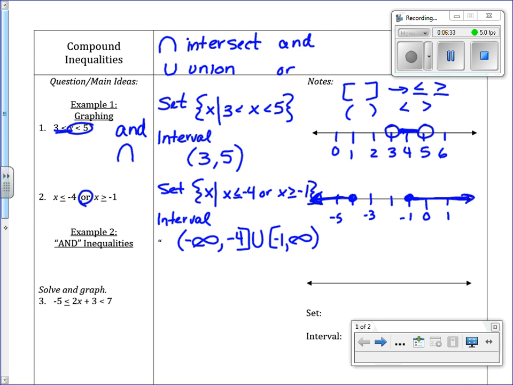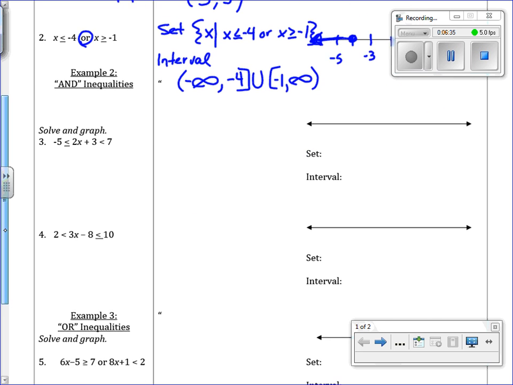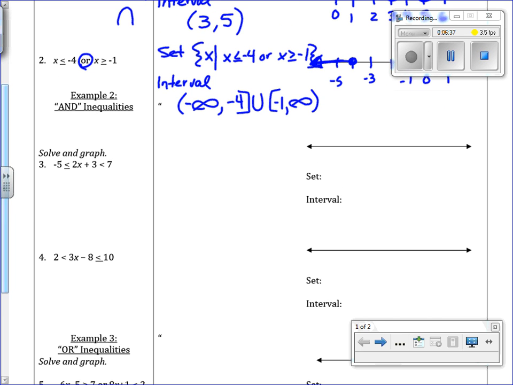Okay, so let's go ahead and solve a couple of problems. Now, when we see this first problem, all right, this is an AND problem. So what we're going to do is I have negative 5 less than or equal to 2x plus 3 and, okay, 2x plus 3 less than 7.